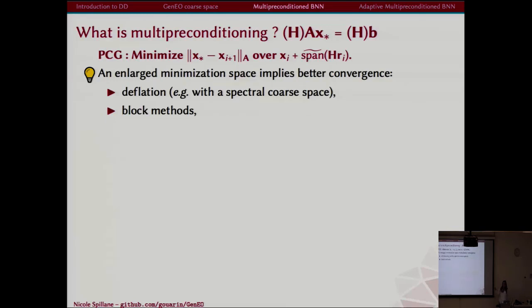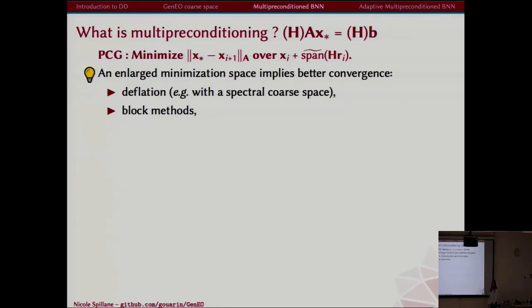I put a tilde because I do know that there is an orthogonalization step, but let's forget about this for the moment. So you start at your previous approximate solution, you add one search direction, and then you choose the point on that line that minimizes the error. The idea has been around for a long time that if you use a larger minimization space than just one direction per iteration, then you can get faster convergence.